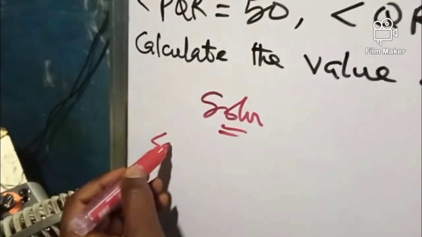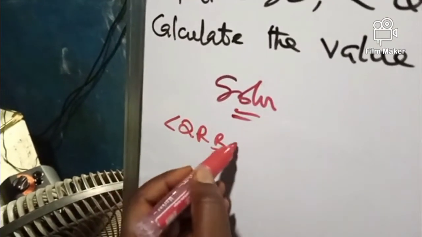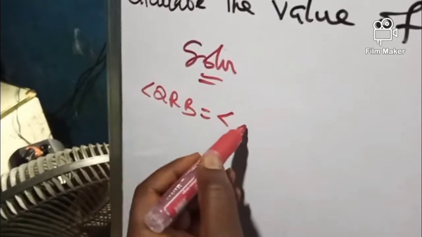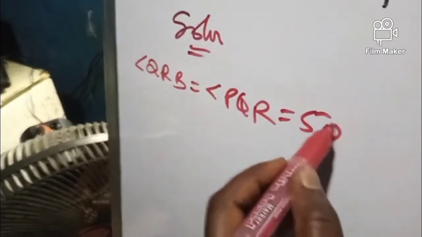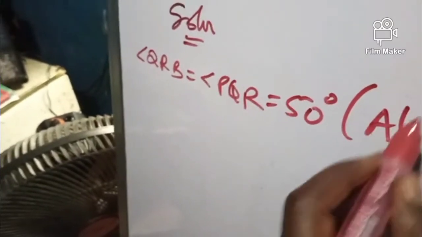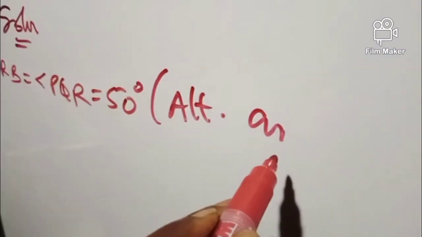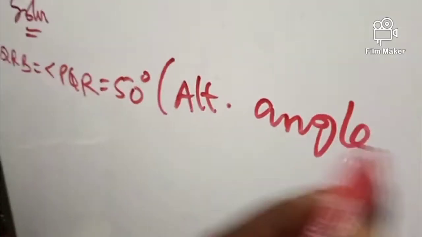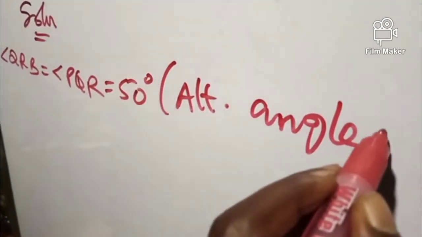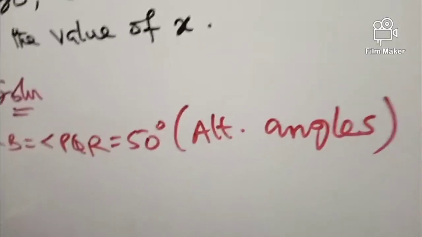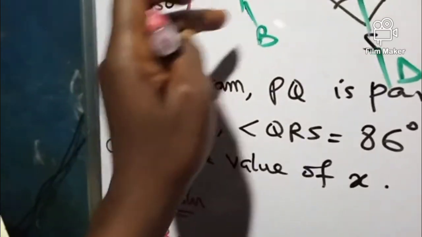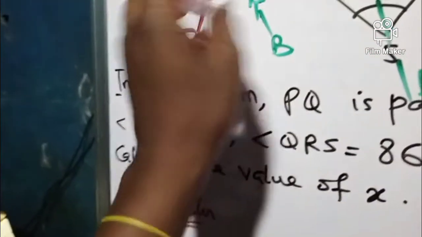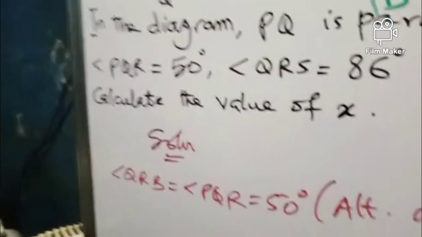Angle QRB will be equal to angle PQR, which is equal to 50 degrees, reason: alternate angles. This angle PQR and this angle QRB are equal because they are alternate.